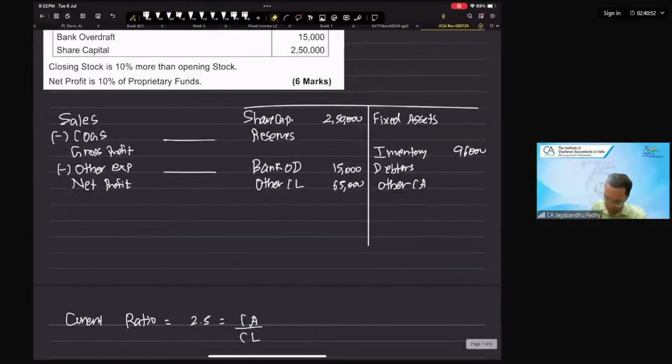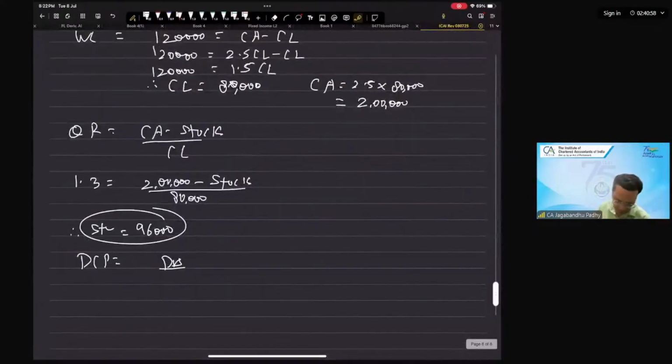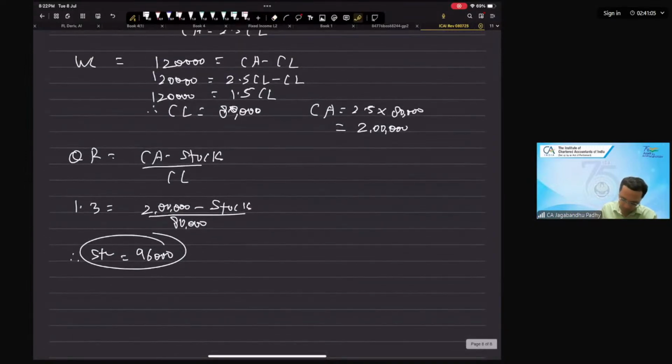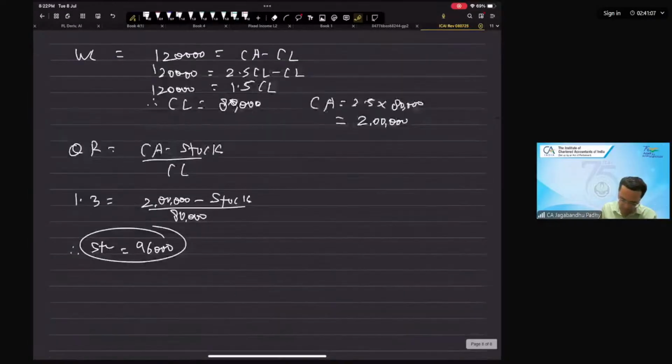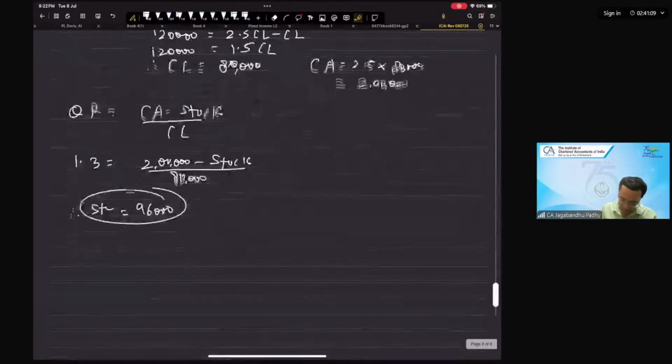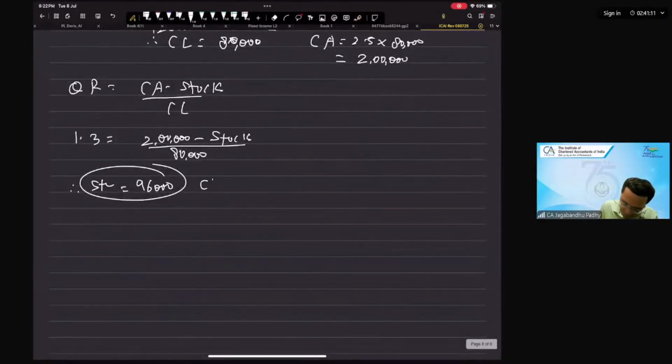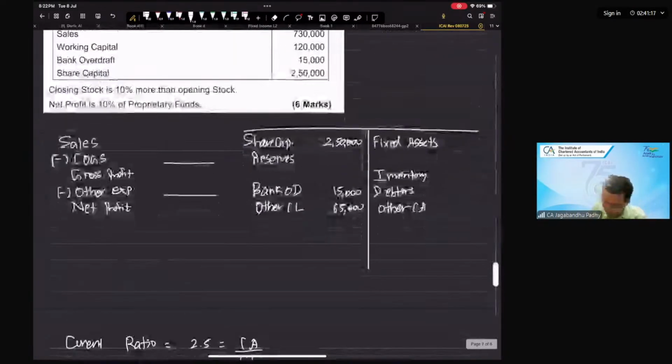But wait, there's a problem over here because I cannot take the inventory directly, because it is given that closing stock is 10% more than opening stock. So what we got as 96,000 is the closing stock, yes, sorry, so 96,000 closing stock, we can definitely place it.